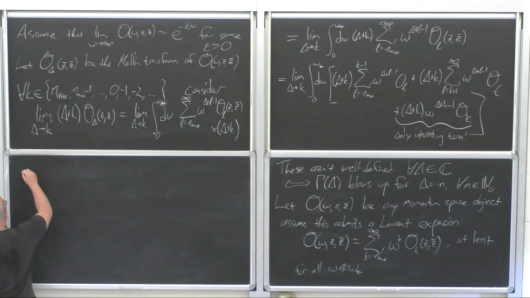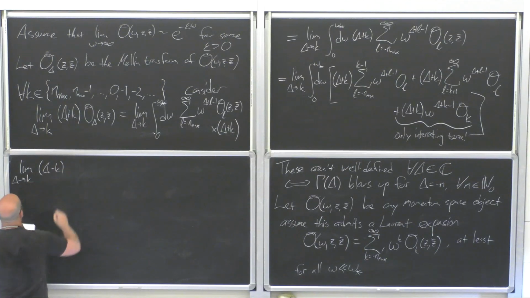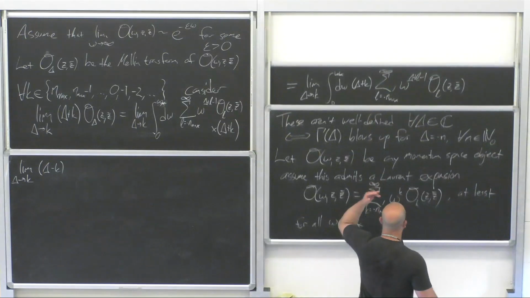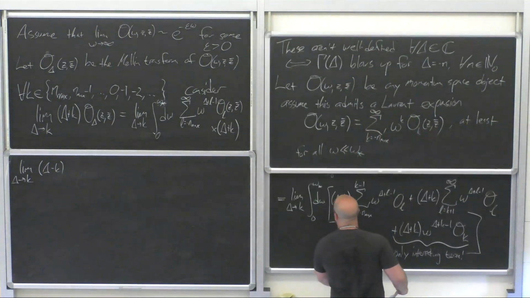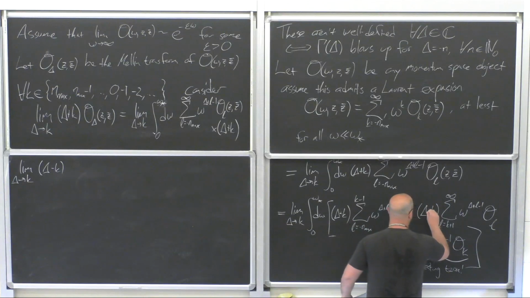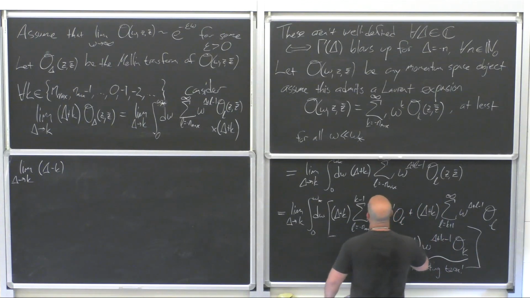Now, why is this so? Ah, sorry, delta's going to k. These should all be delta minus k, of course. Sorry, guys.